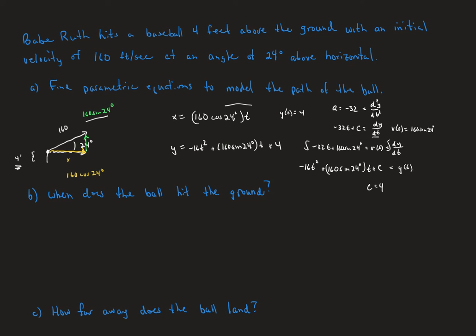There are our parametric equations. Okay, and we want to know, when does the ball hit the ground? Well, when we're looking for t, it's going to hit the ground when the y, the height, is 0. So we are going to try to solve this.